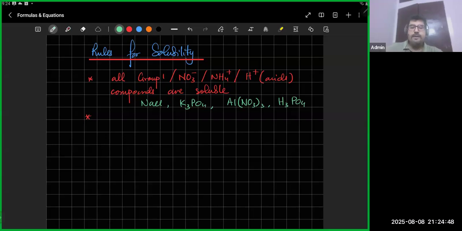So if it's got group 1, if it's got NO3 minus 1, if it's got NH4 plus 1, if it's an acid, all of them are going to be soluble. So they're all going to be written as aqueous substances. They're going to mix in water. Okay, is this clear? The first rule.